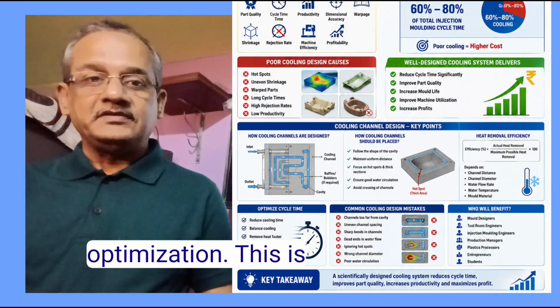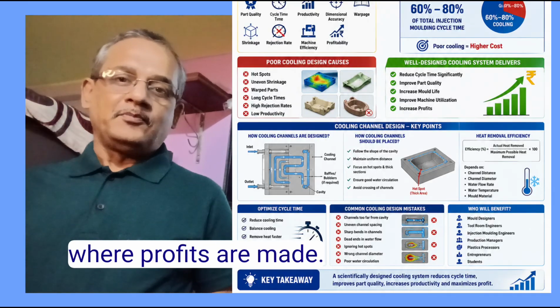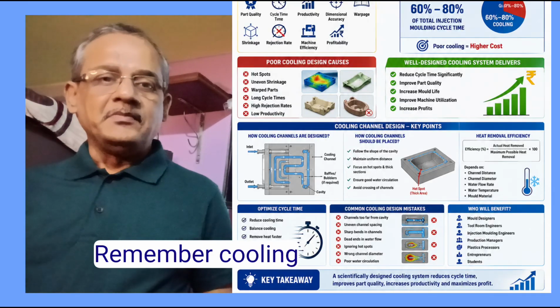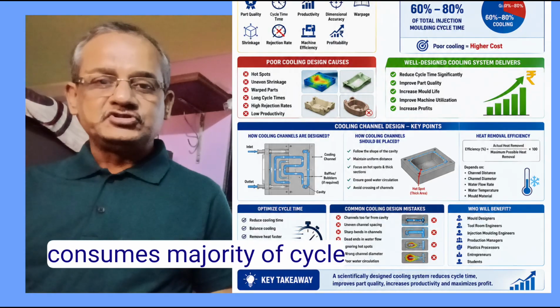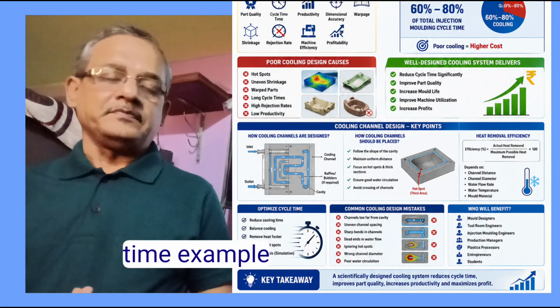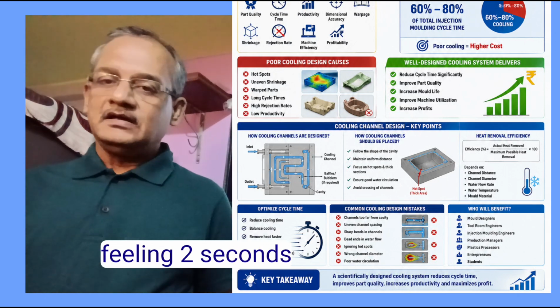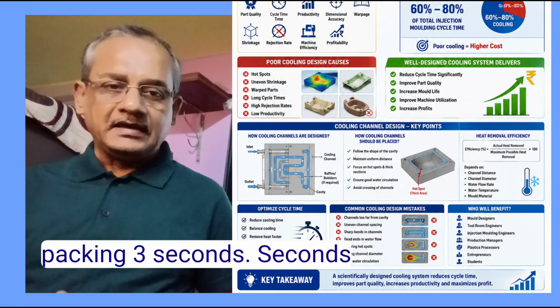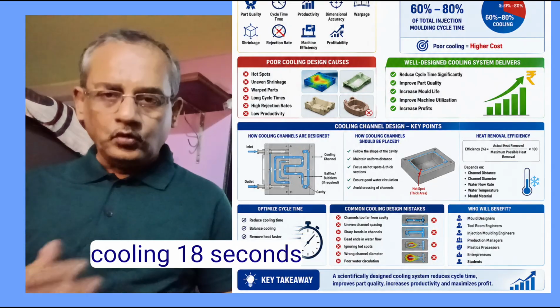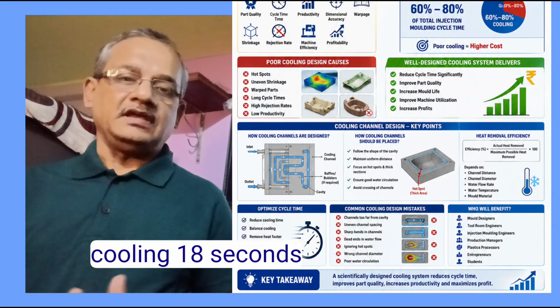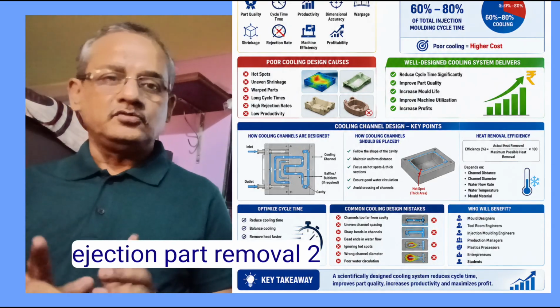Cycle time optimization. This is where profits are made. Remember, cooling consumes the majority of cycle time. Example cycle breakdown: filling 2 seconds, packing 3 seconds, cooling 18 seconds, ejection and part removal 2 seconds.